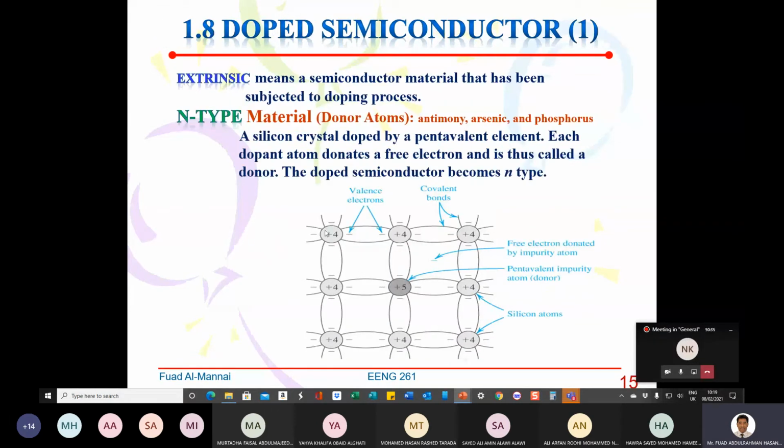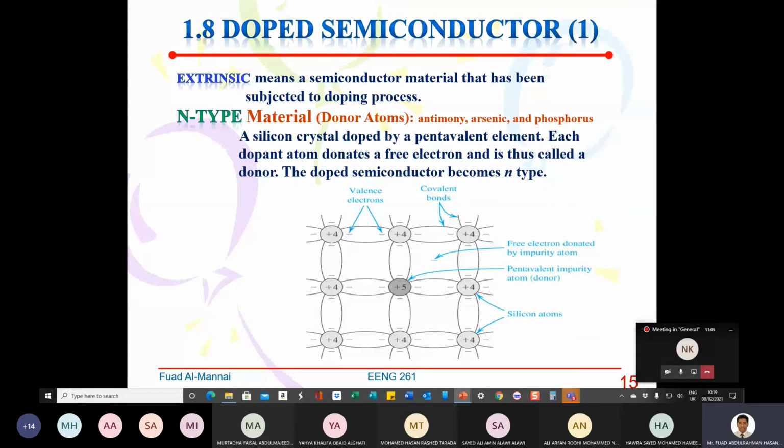We do that by introducing a material or impurity to the pure silicon material. Before we do that, remember that intrinsic is pure. Extrinsic means that the semiconductor material has been subjected to a doping process.